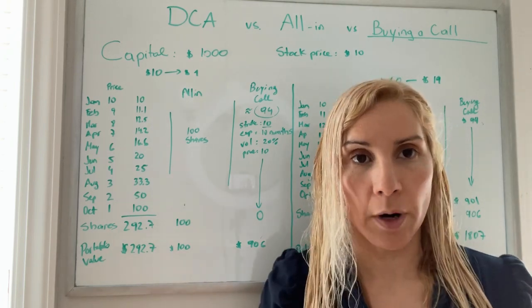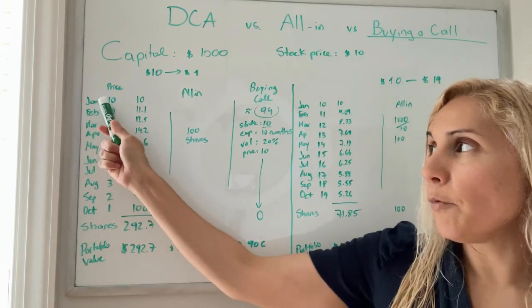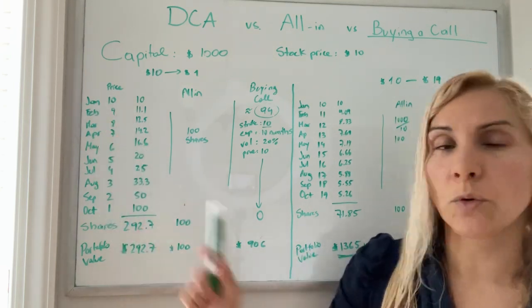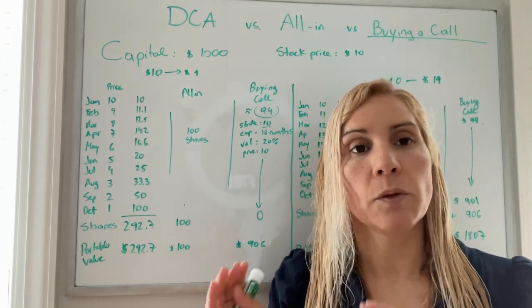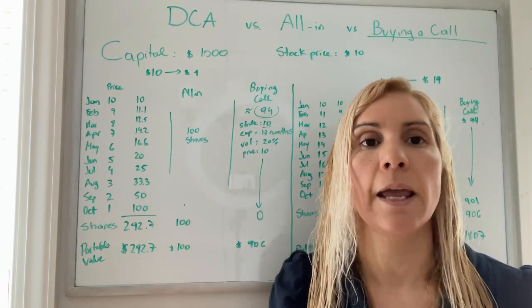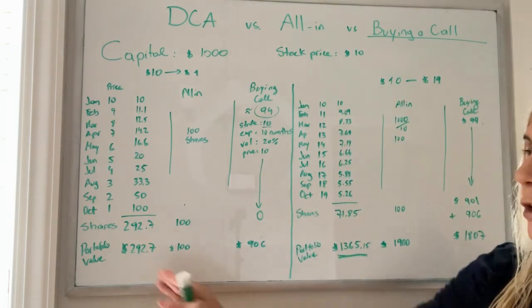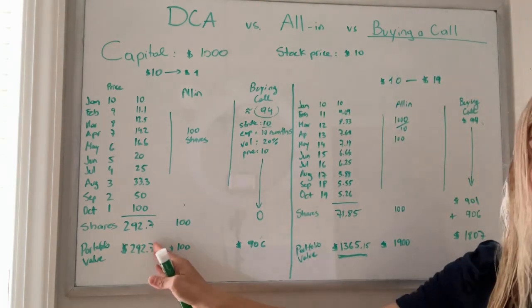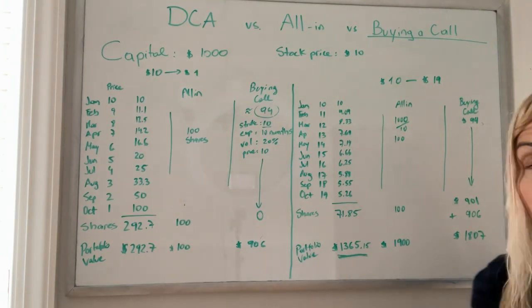Now, let's remember that during that time, the share price went from $10 all the way to $1. So at the end of that period, with the $1,000 worth of capital that we had at the beginning, and having been DCAing throughout those 10 months, we were able to accumulate 292.7 shares in our portfolio.